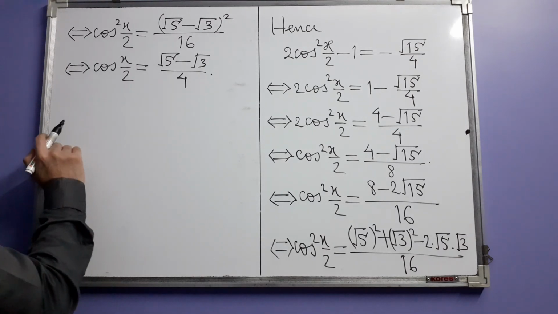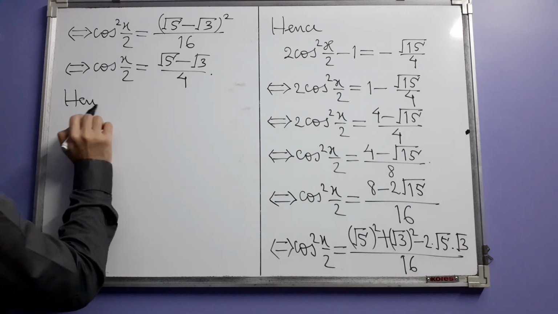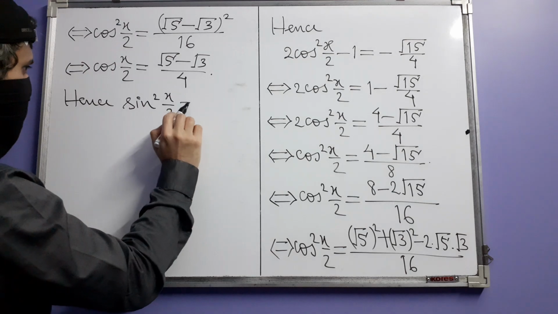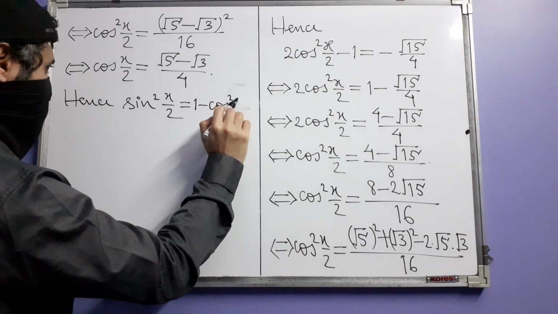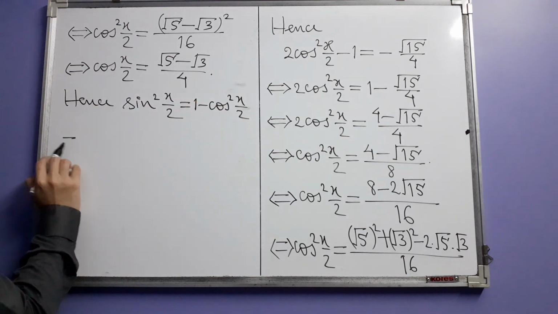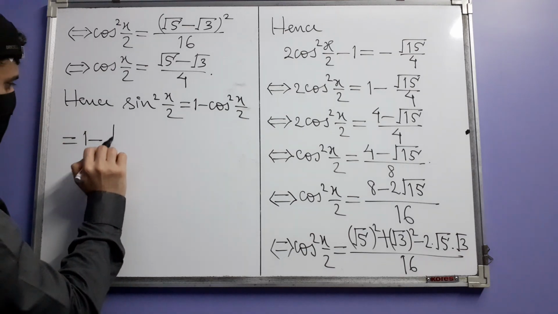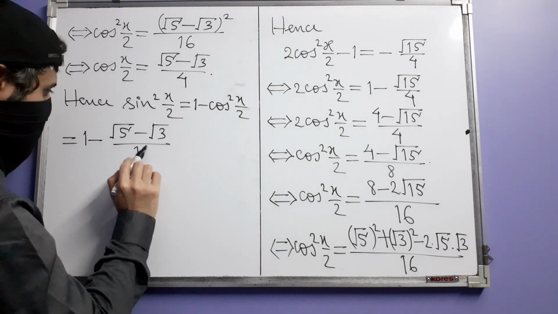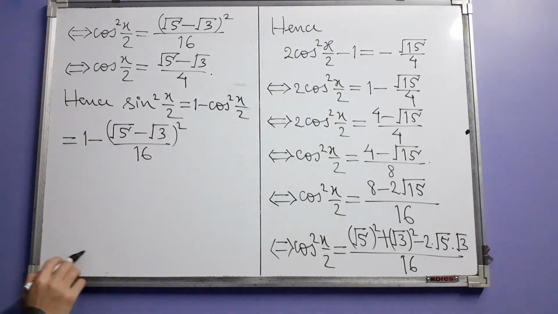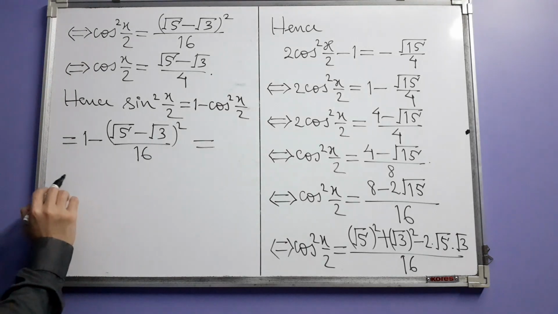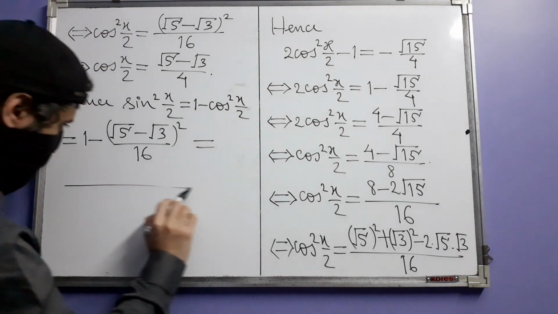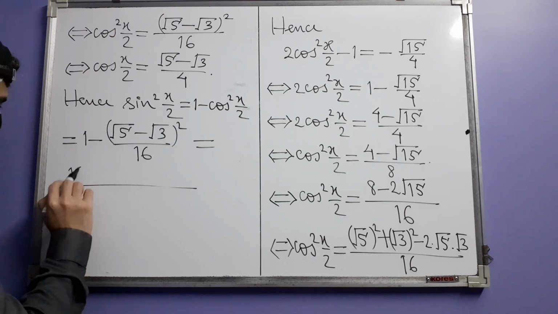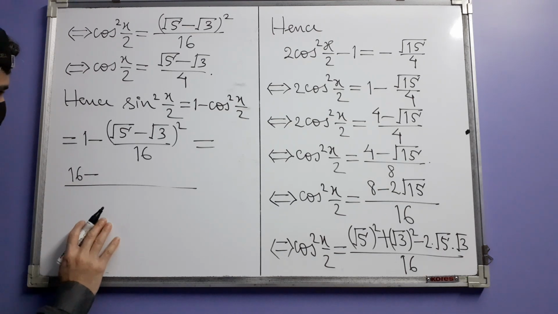So next let's go for sin x over 2. Sin square x over 2 is 1 minus cos square x over 2. So this will be 16 minus.